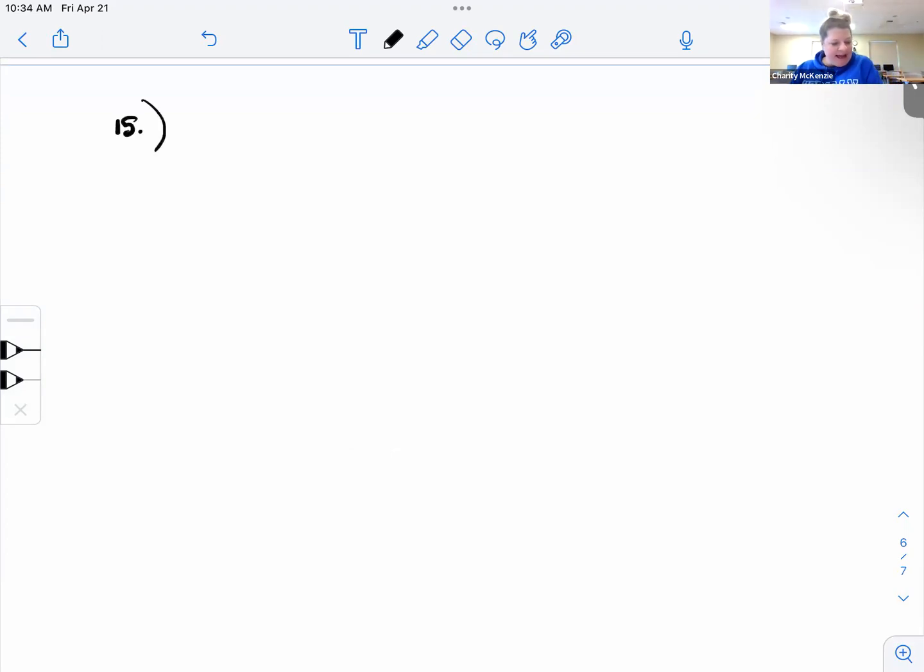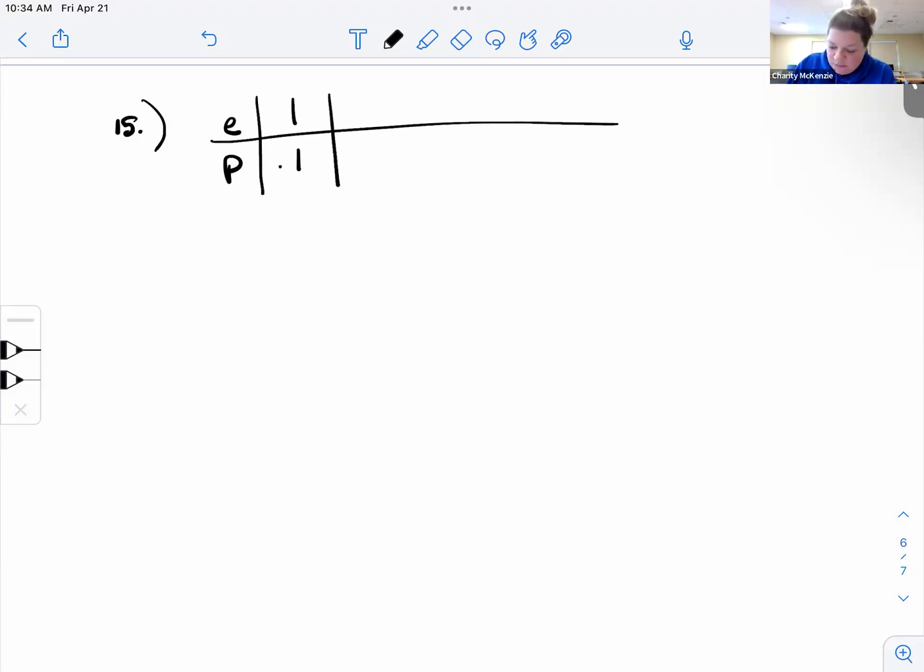So what if we had a spinner's probability? Here's our event, here's our probability. I'm going to give it to you in a table. The event is rolling a 1 and you have a probability of 0.1. The event is rolling a 2 and you have a probability of 0.2.